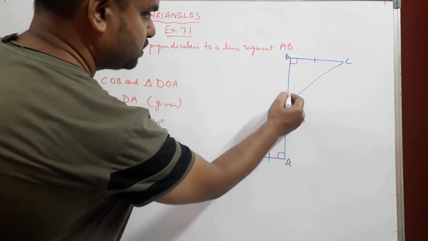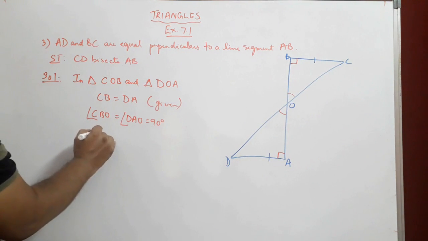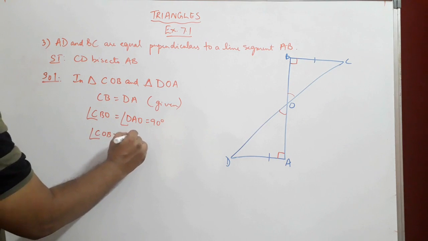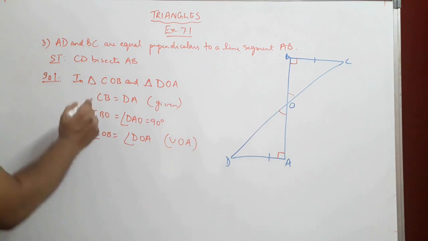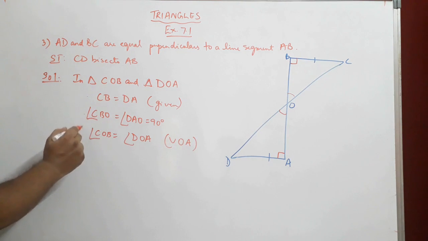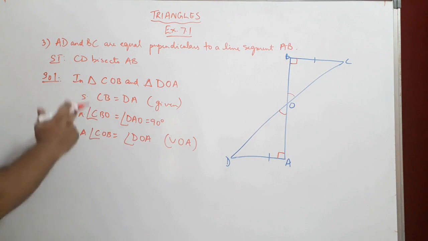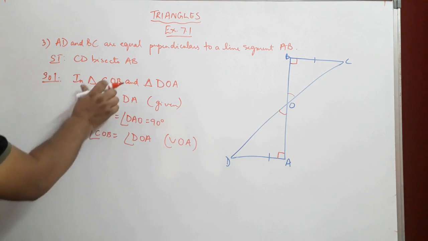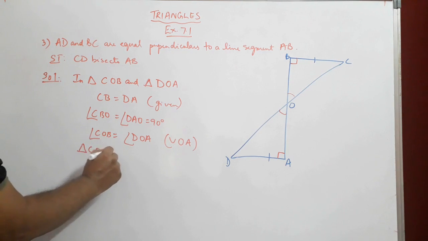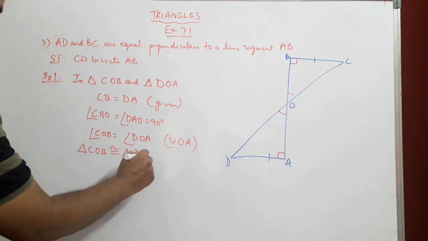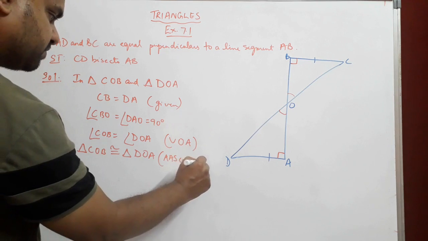If we carefully have a look, these two angles form vertically opposite angles. So we can say angle COB is equal to angle DOA, and these are vertically opposite angles. So we've got a side, an angle, an angle. So by AAS we can say that these two triangles are congruent to each other. We mention this over here: triangle COB is congruent to triangle DOA by AAS congruence criterion.